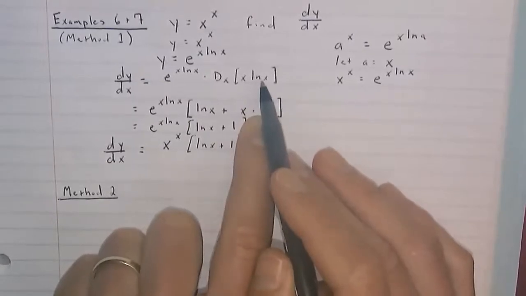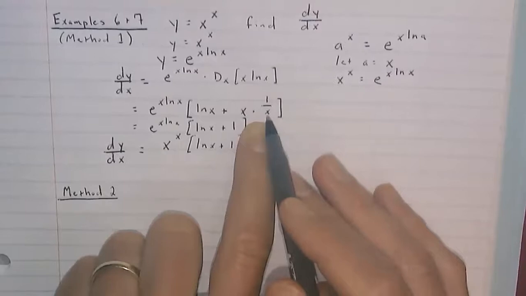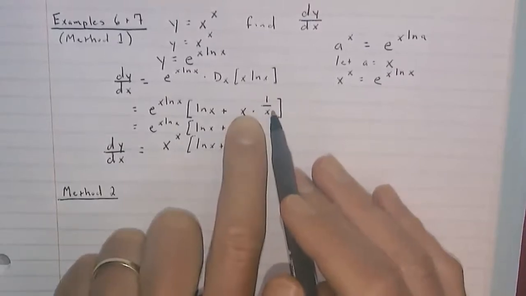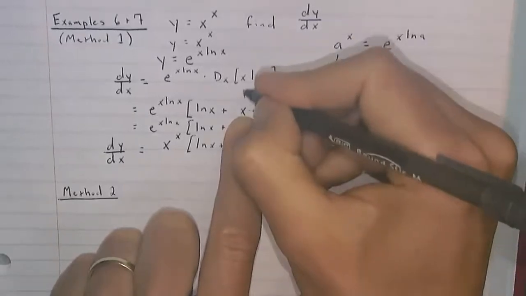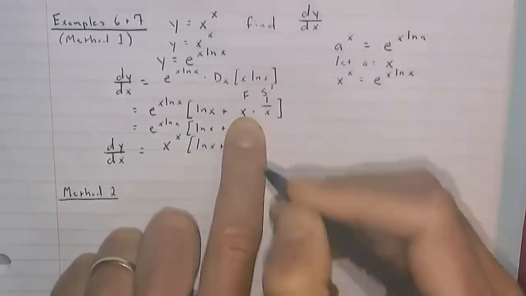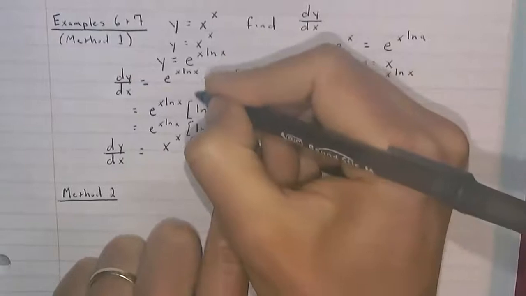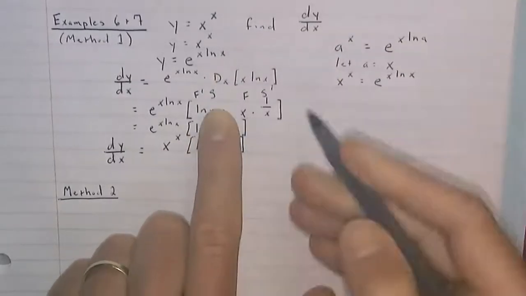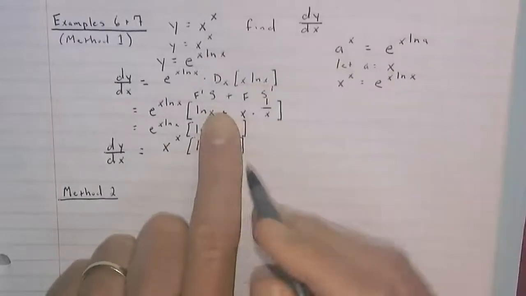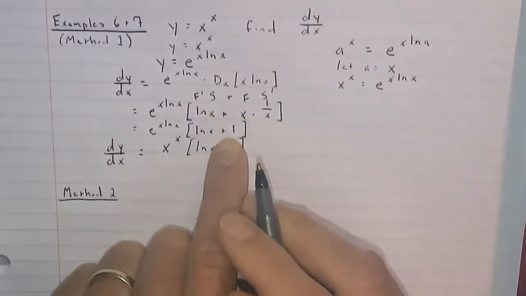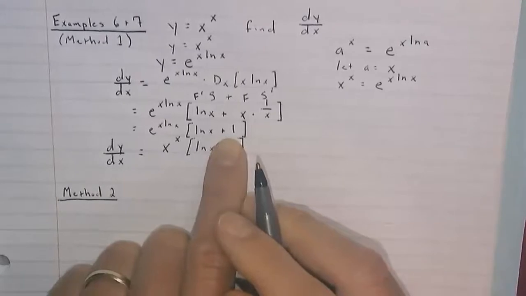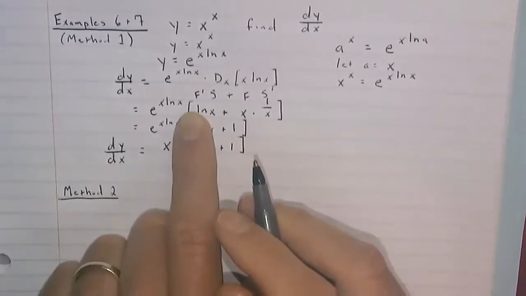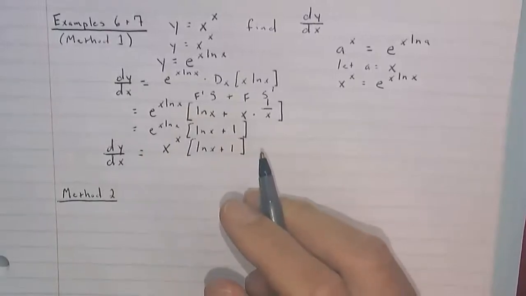The derivative of the second thing, ln of x, is 1 over x. So the x times the derivative of the second thing. This is first thing, derivative of the second thing. This is derivative of the first thing times the second thing. And that's product rule. There's a 1 here that I didn't write because I just didn't. Good question.